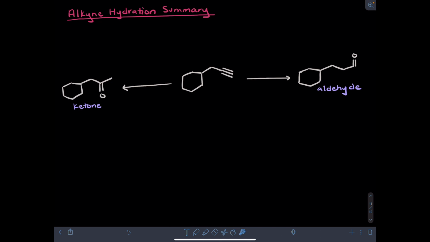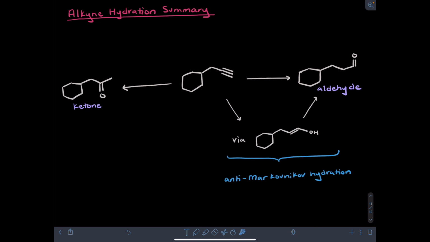These two products differ in whether I had Markovnikov or anti-Markovnikov addition to the alkyne. To generate the aldehyde product, an anti-Markovnikov hydration had to occur, and I had to have a less substituted enol intermediate. This would then tautomerize to the aldehyde final product.